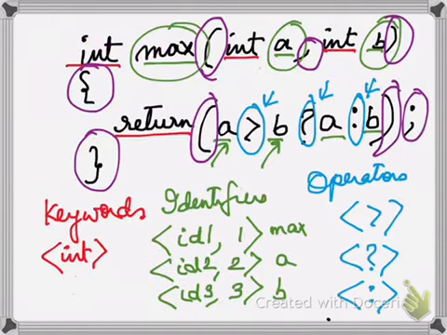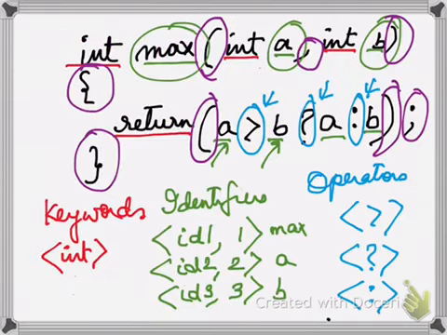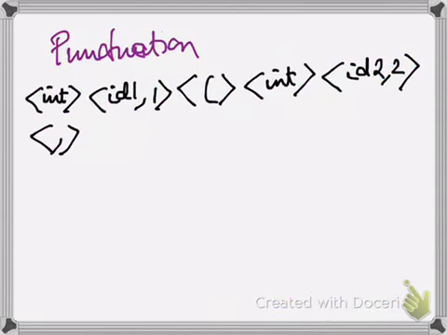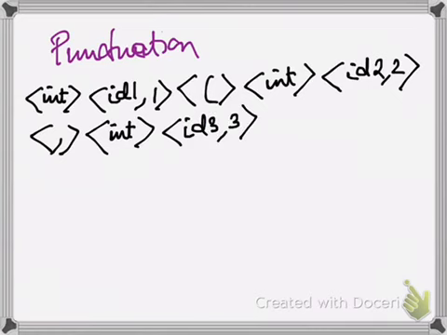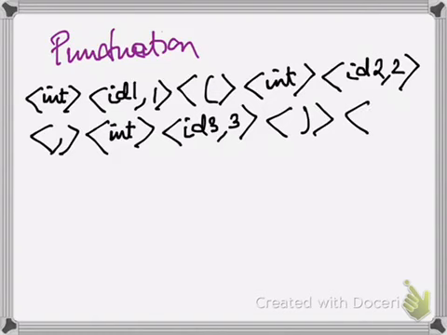Then comes again punctuation, comma, followed by again keyword int, identifier b, ID 3, then comes closing parenthesis. Then I have again another parenthesis.